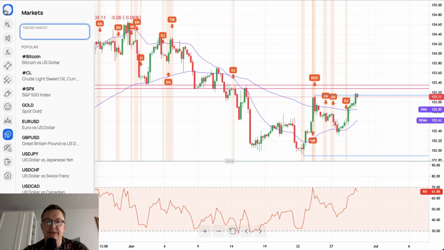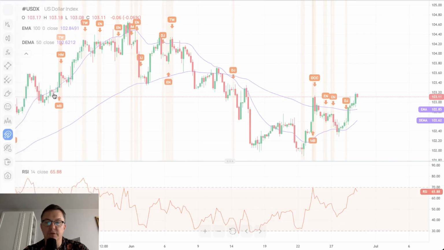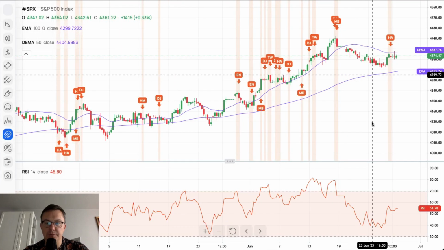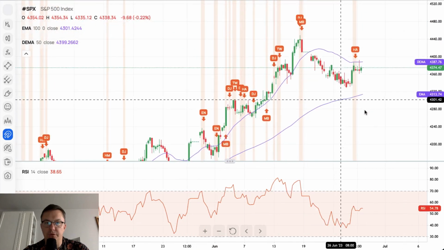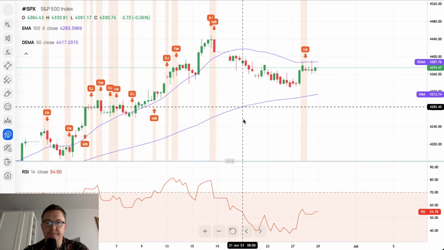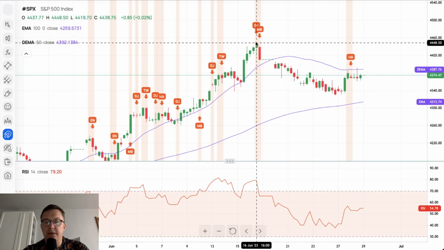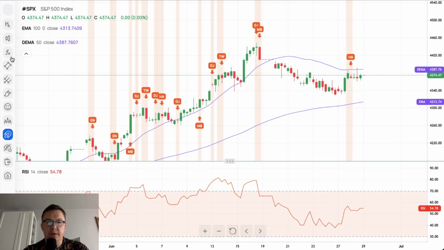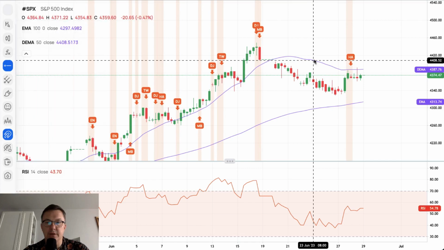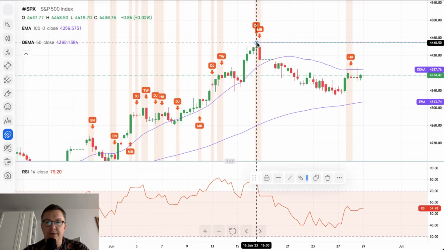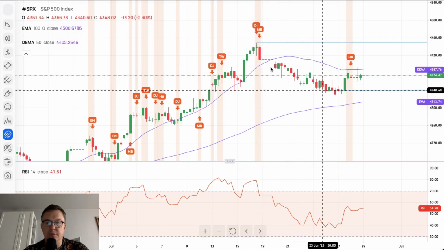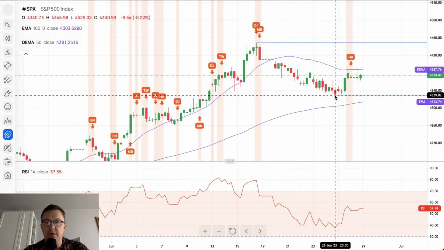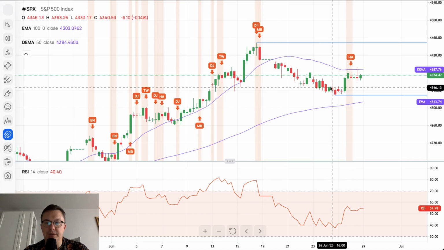So if the US dollar index is going up, what is going on with the S&P 500? As you can see, just recently, on the 4-hour chart, we witnessed a decline, a pullback or a correction from the level of 4,448 towards the local technical support and the local low located at 4,329.